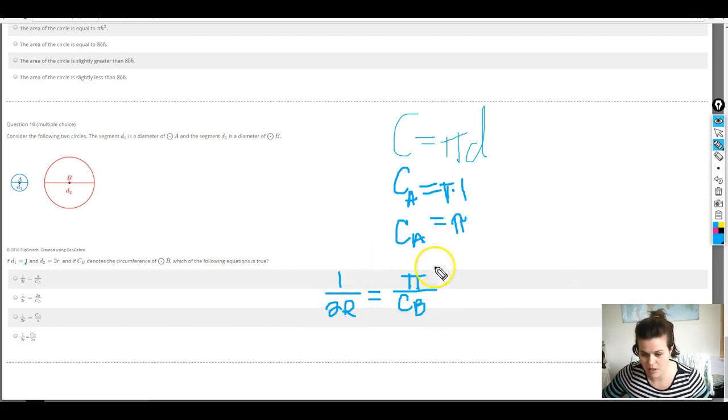So I'm going to look for the equality of 1 over 2r is equal to pi over circumference of B, which is the first one.